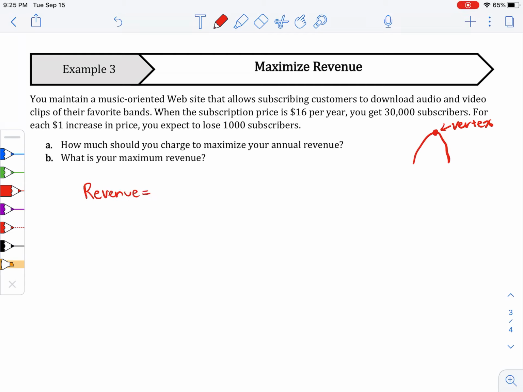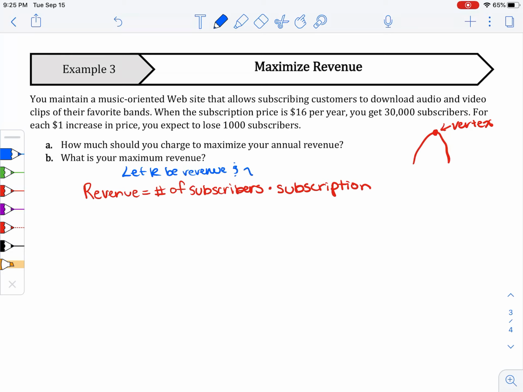revenue equals your number of subscribers times the subscription price. And here's where it gets a little tricky. Let's name our x and our y value. So let r be revenue.